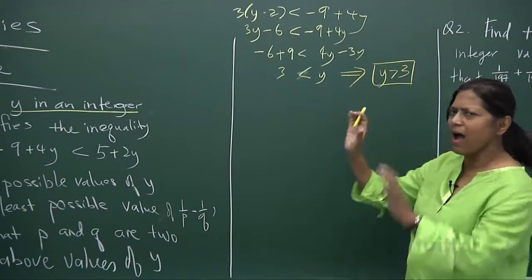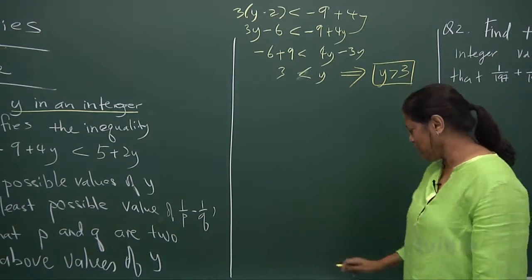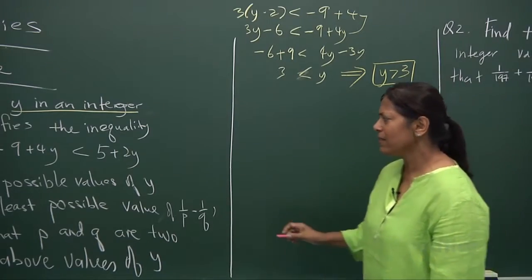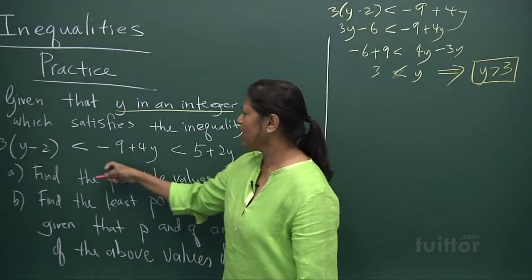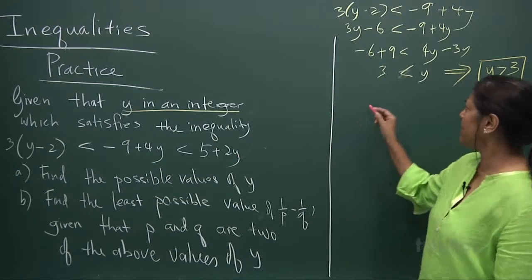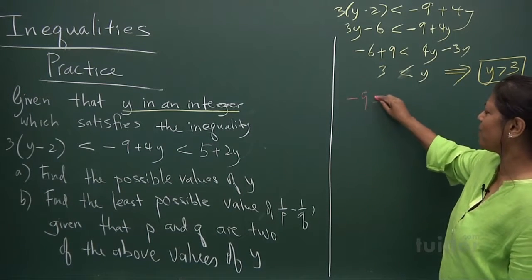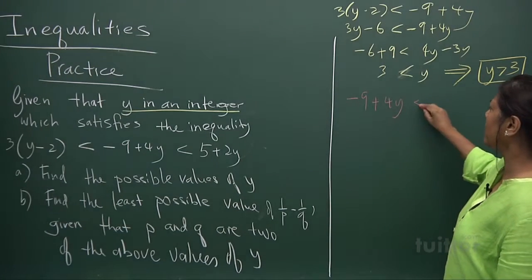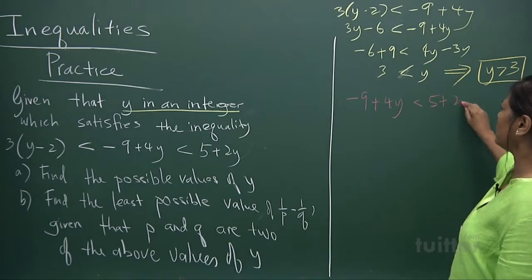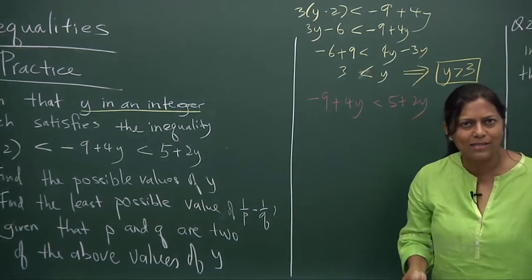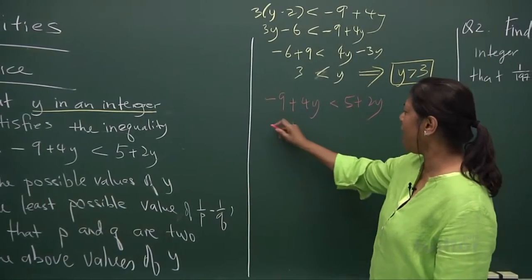Keep that aside. Alright? Now do the next part of the sum. Look at that here. What does it tell you? Minus 9 plus 4y is smaller than 5 plus 2y. Bring the y's together. Is it 4y?